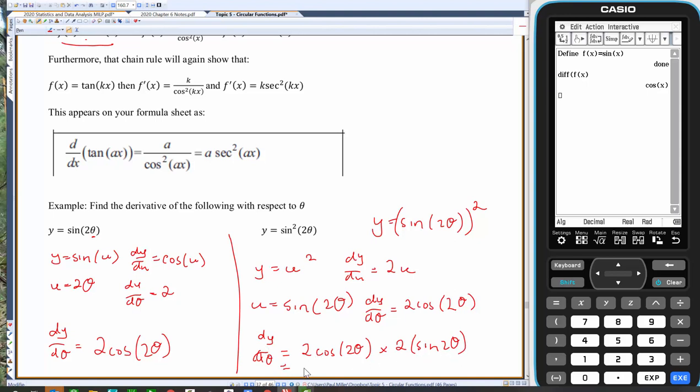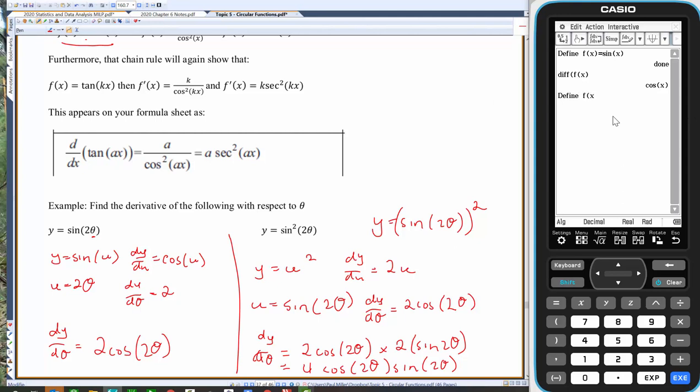After cleaning up, that is 4 cosine 2 theta sine 2 theta. So looking a little bit uglier there, but that's okay. Let's just check that out on the calculator.